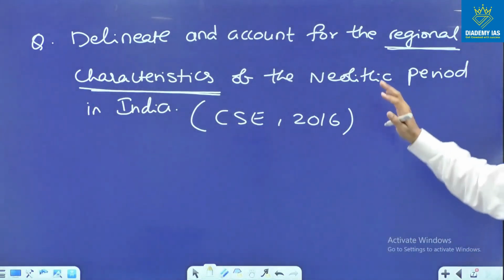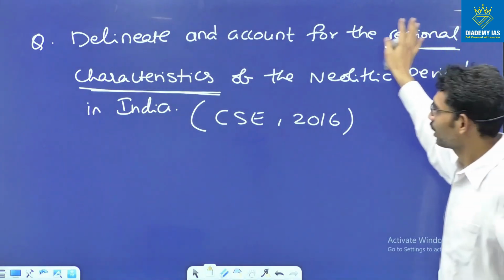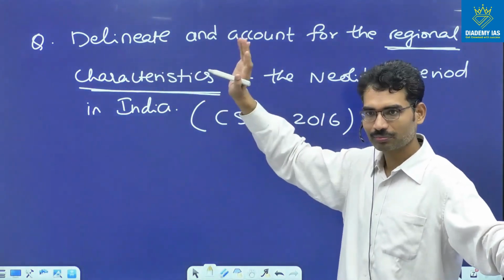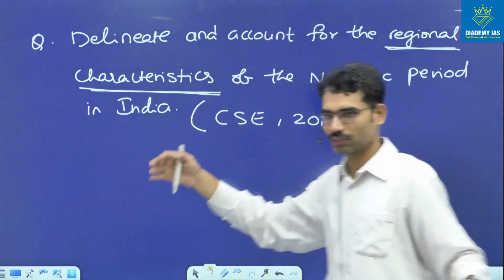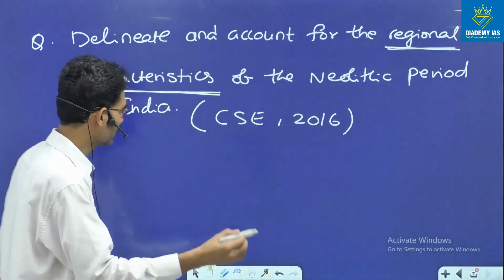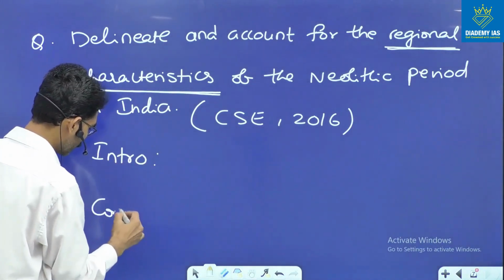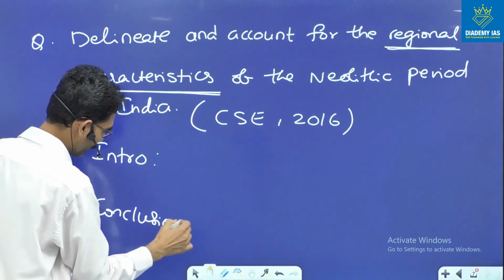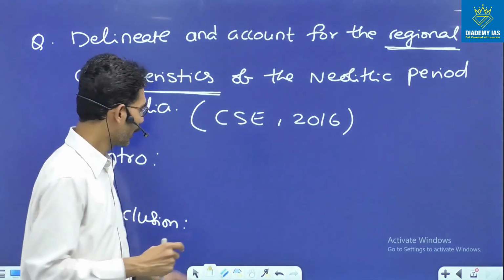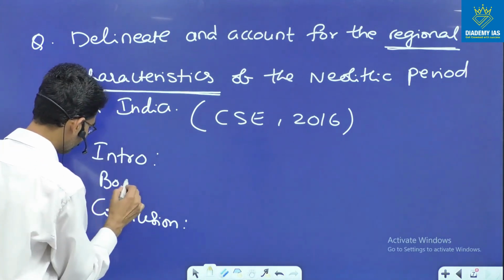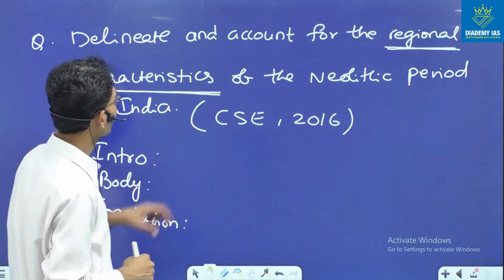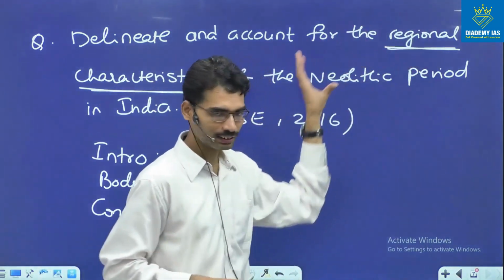Now you see the structure. When it comes to characteristics, same characteristics, same introduction, whatever introduction you are going to give, a similar kind of introduction you can give. Conclusion also, you can give the similar one, whatever we have discussed. But when it comes to the body, it is asking about regional characteristics.